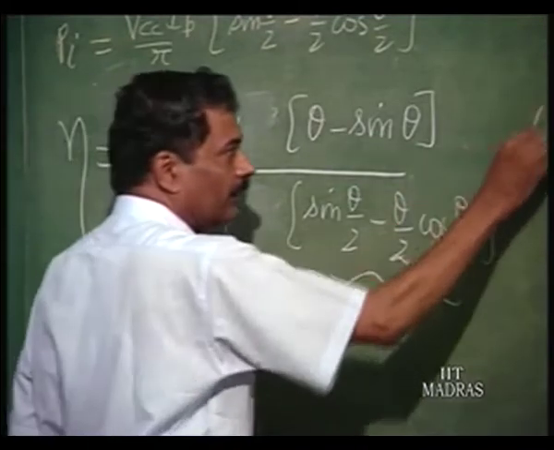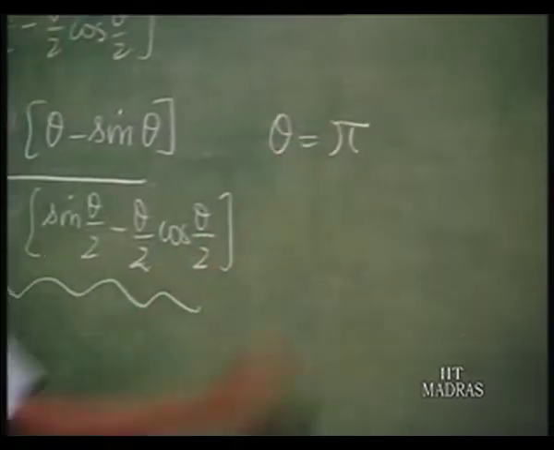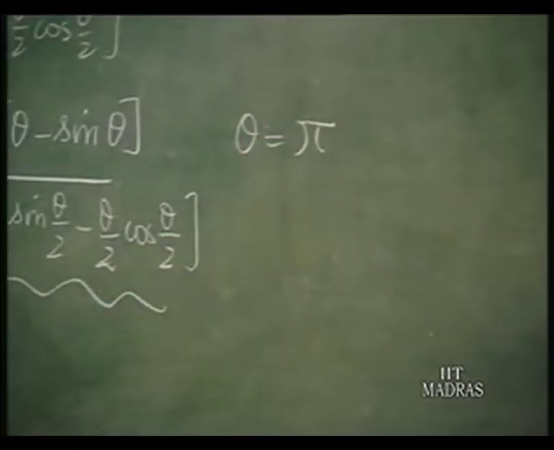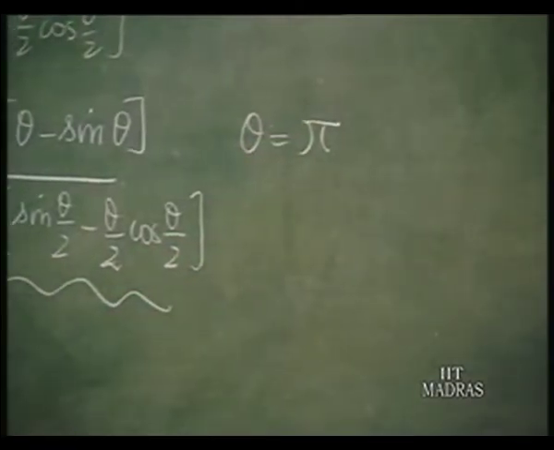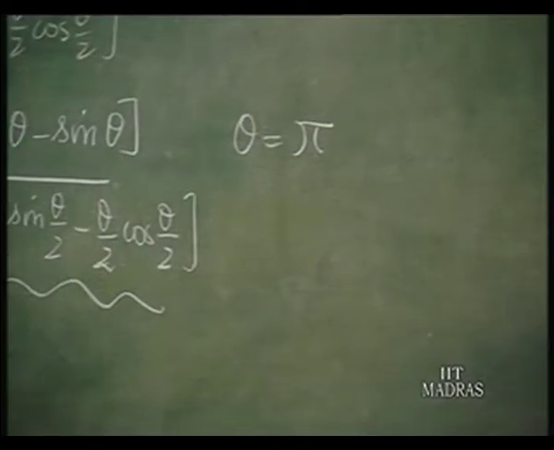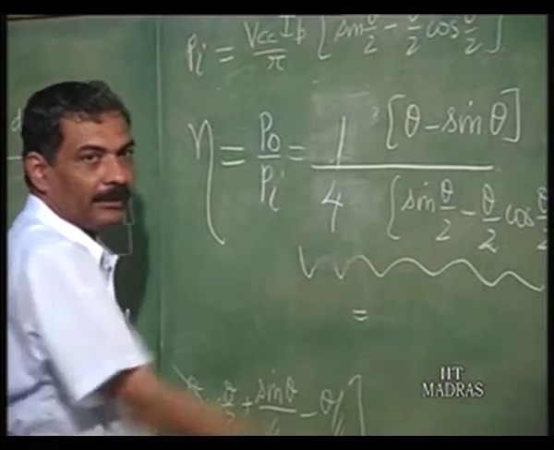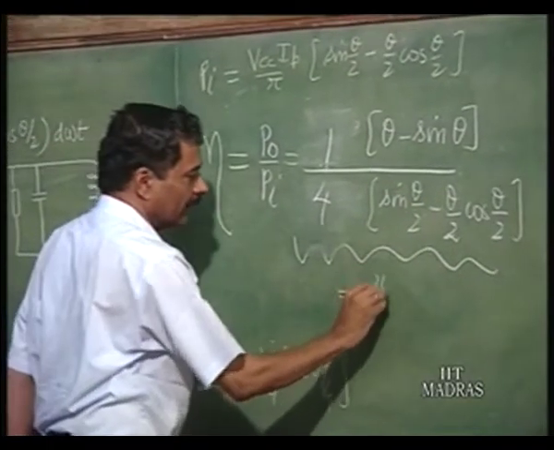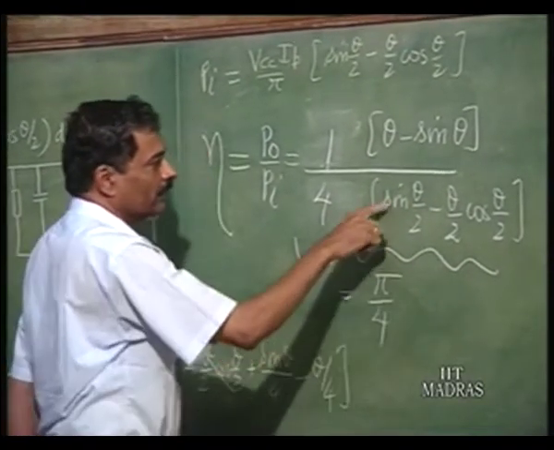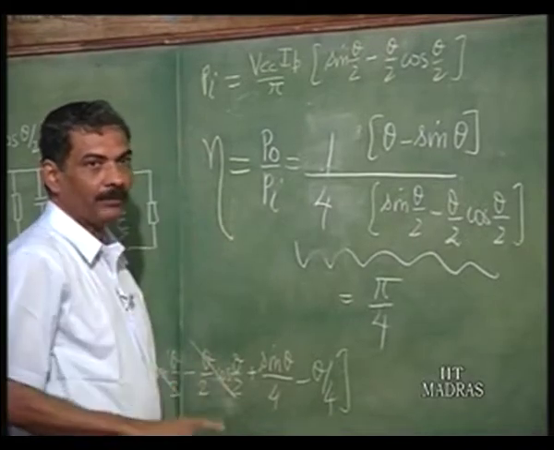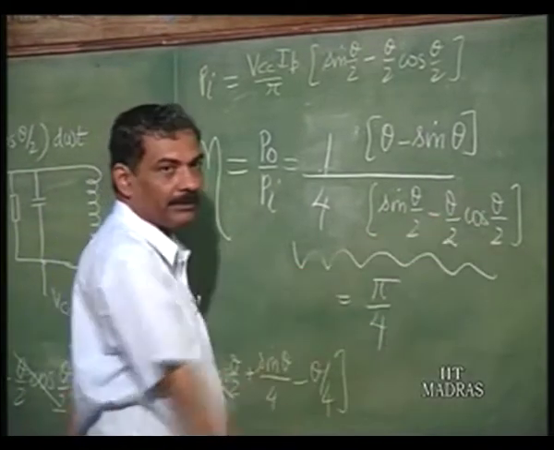Just verify this. At theta equal to pi, this should be the same 78.5. So, theta equal to pi, this is pi, sin pi is 0. So, this is pi by 4, sin pi by 2 is 1, cos pi by 2 is 0.